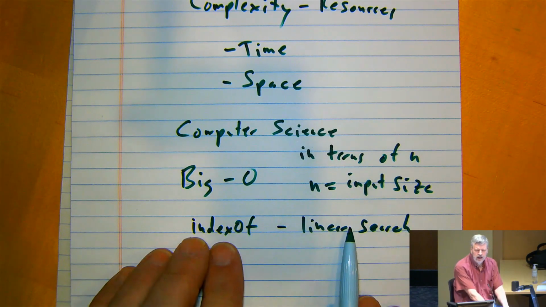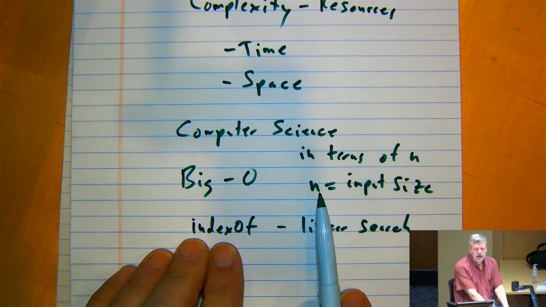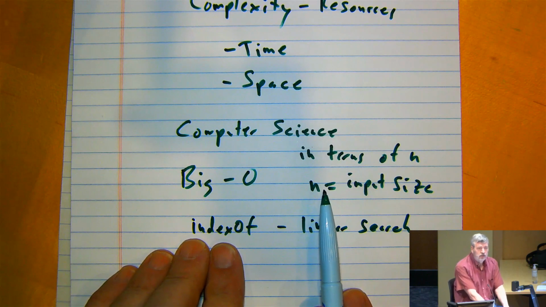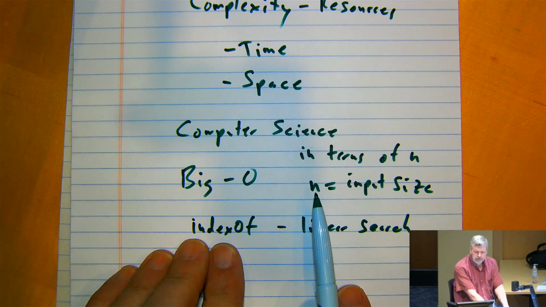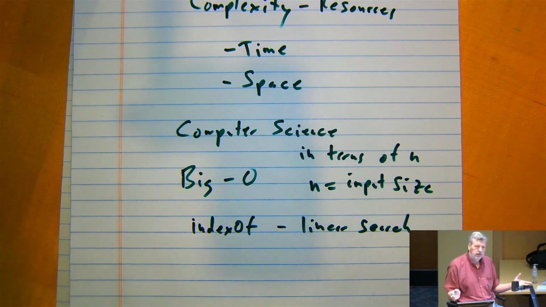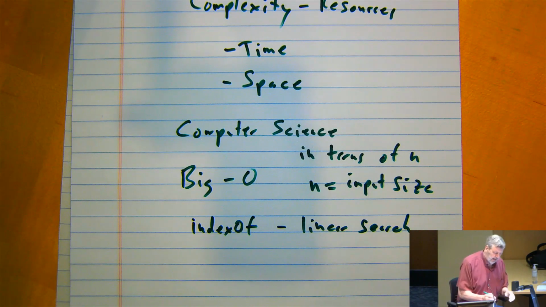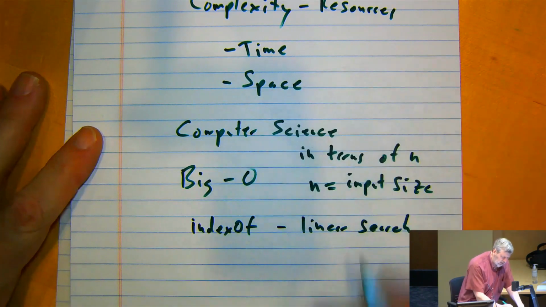And if you called index of on an array int list that had 1,000,000 things, and if the value's not there, it's going to have to look at all 1,000,000 of them to determine that it's not there. So it might look at all n of them. It might be a small number, might be a large number. If there's one occurrence of the value in the list, then on average you'd find it about halfway through. In any event, you can think of it in these various ways.